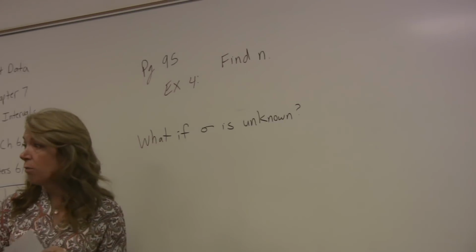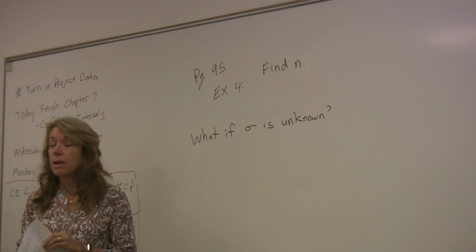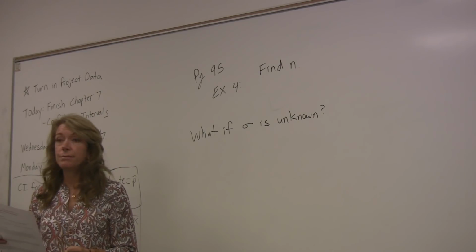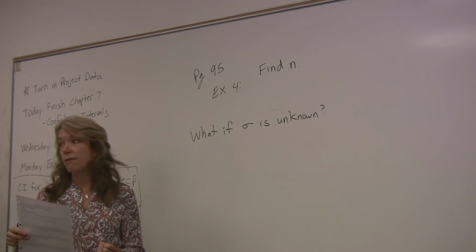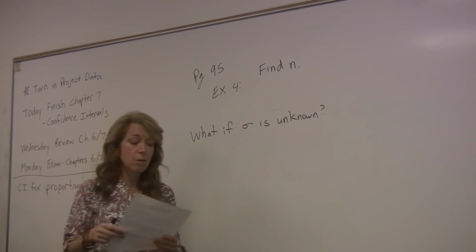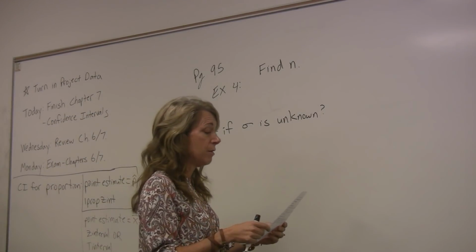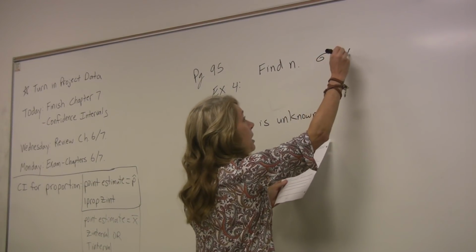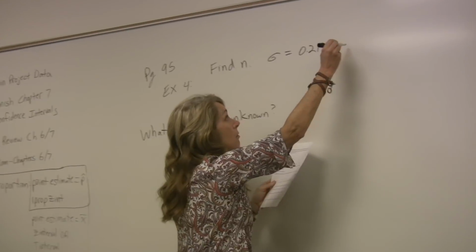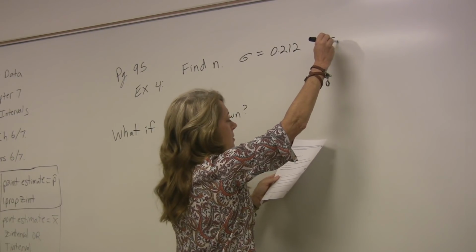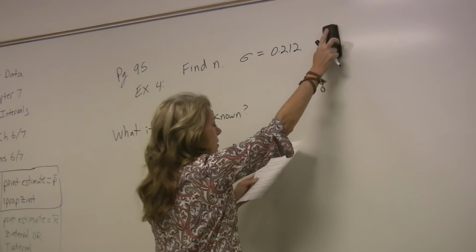I'm not going to do the whole problem. If they're asking us to find n, though, what do we have? We should have enough information to get what we need. We have the standard deviation for the population. Do we have a sample mean? No, we don't. Hang on, I'm reading it going, I don't see it there.